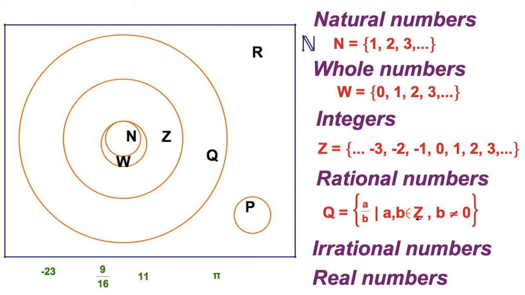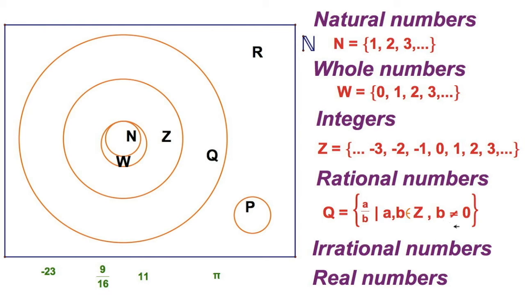A and B are integers and B cannot be 0. Remember, division by 0 is not defined. That's the only thing that's illegal. Go to jail, you can't do that. So it's all numbers A over B such that A and B are elements of Z, and B is not equal to 0.